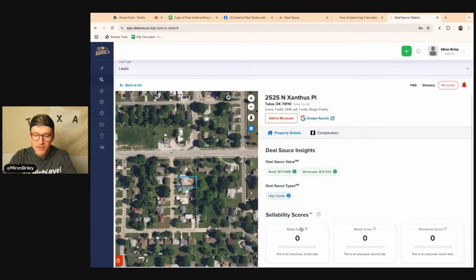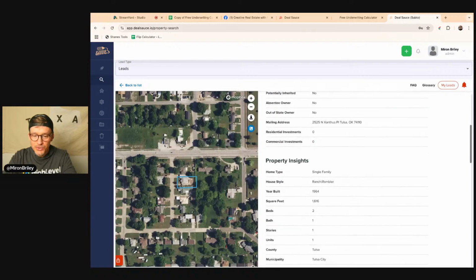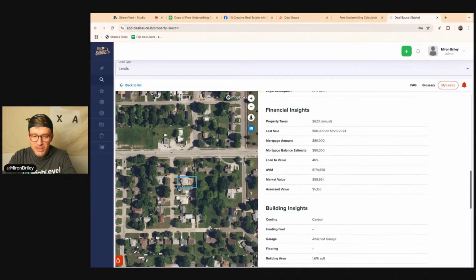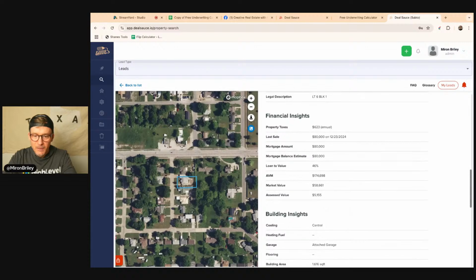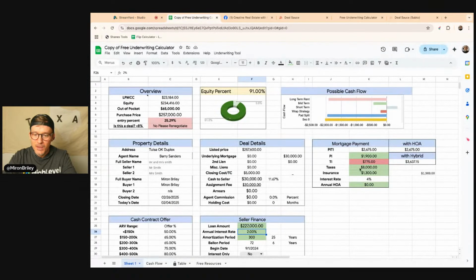Okay, what I'm trying to do is just get an idea of what the tax rate is per year. 623. Well, that's super cheap. Holy crap. Okay, so maybe like $1,000. So let's put $1,000 for taxes and 1,300 for insurance is pretty good.